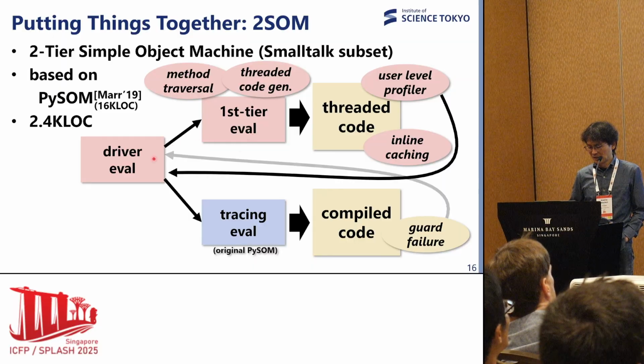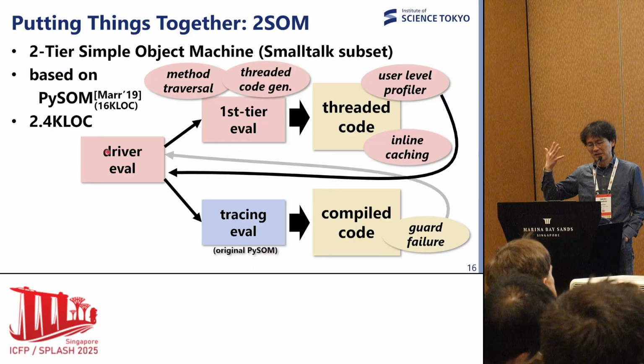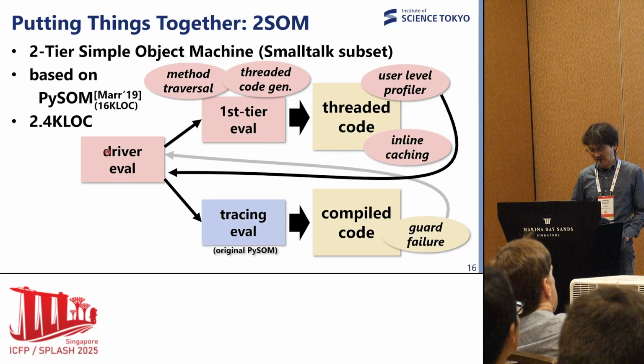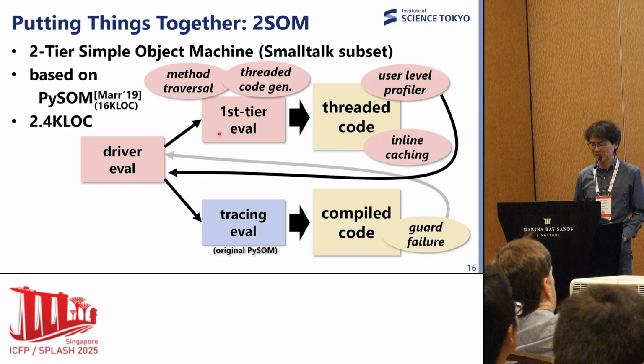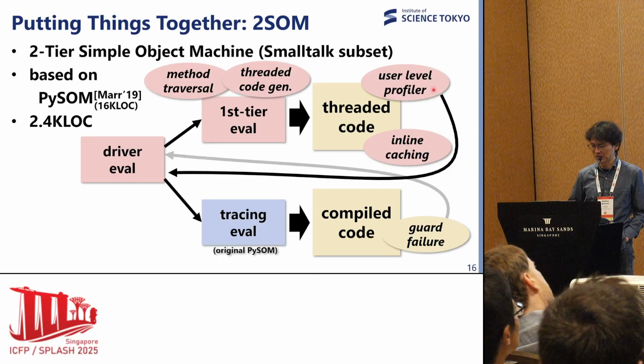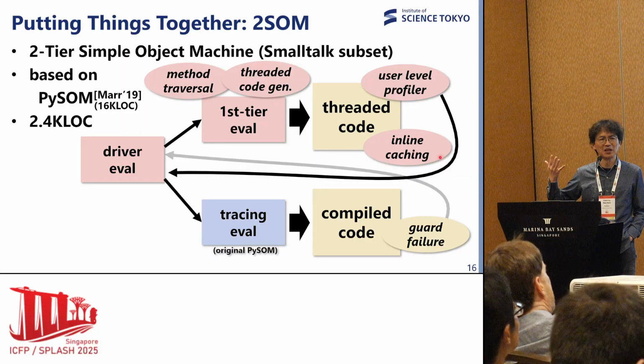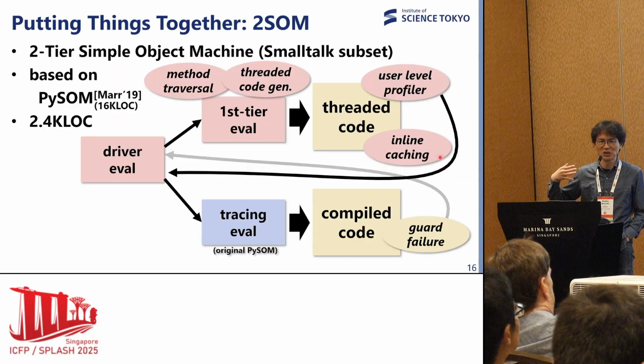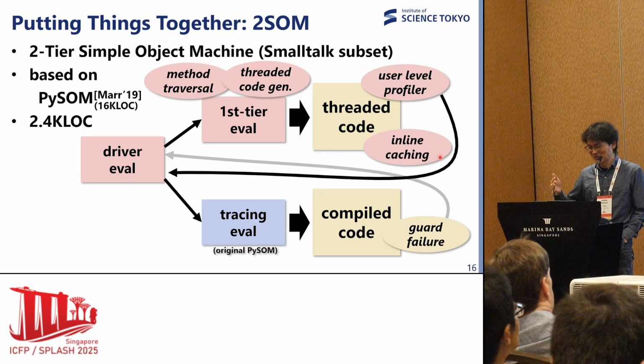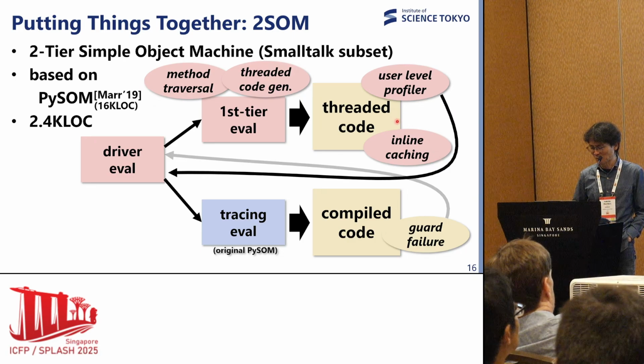Then we also made a driver evaluator, which basically delegates everything to the first tier interpreter, and then we get the threaded code here, in which we have a user-level profiling mechanism and also an inline caching mechanism in order to recover some performance loss of the threaded code.